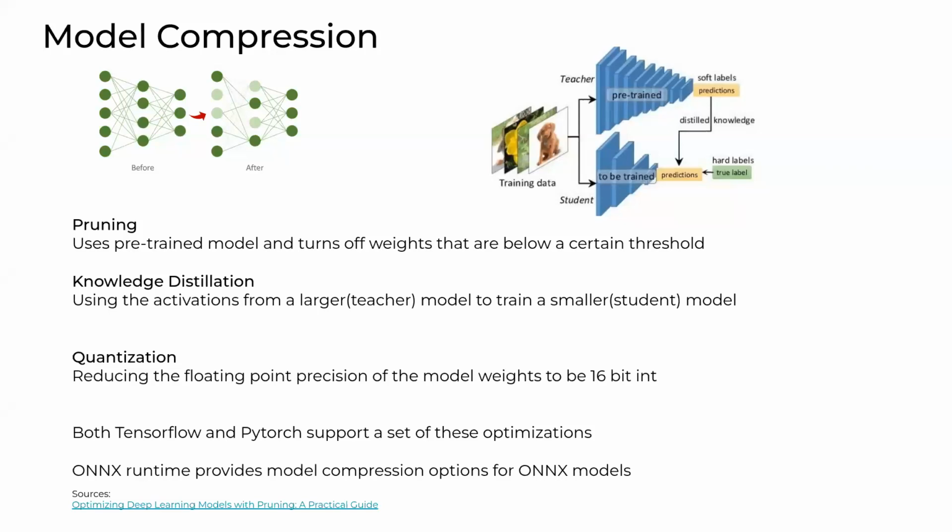So you pass data samples through the pre-trained large network, which is the teacher here, and get the activations, not the final labels, but activations, which are also called logits. Let's call them soft labels. Then you send the same data through the student network, and we have these pre-computed soft labels corresponding to each data sample. For the student network, we also have the actual labels. For instance, in this case, the actual label is dog.